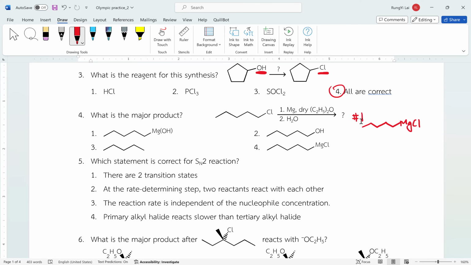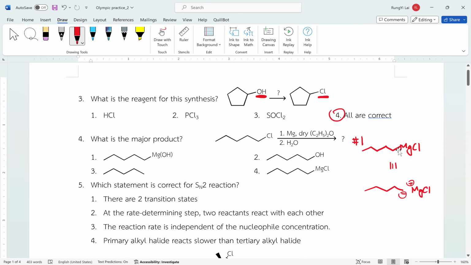Okay. So this one you also can view it as, basically, because this is a Grignard reagent, this carbon would carry a minus charge. Okay. So now you can see the second stage is water. In practice, you normally think the Grignard reagent is a nucleophile. That is correct.